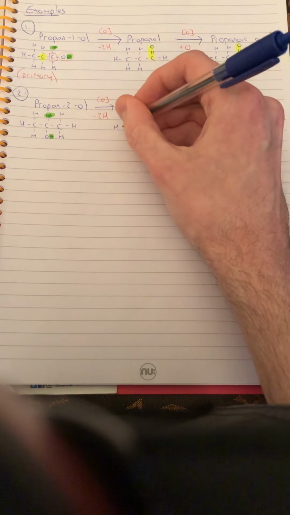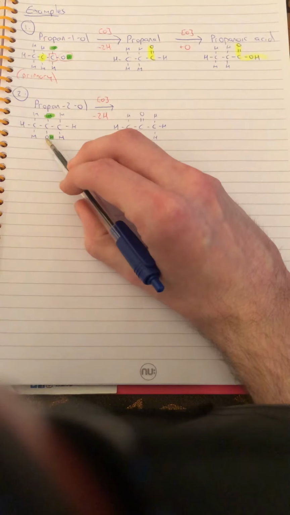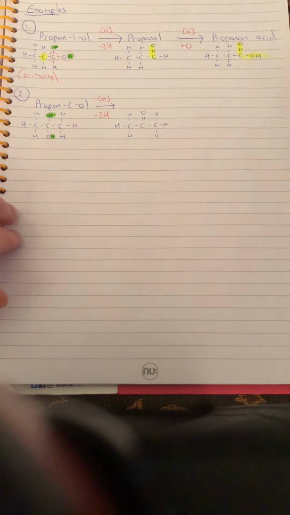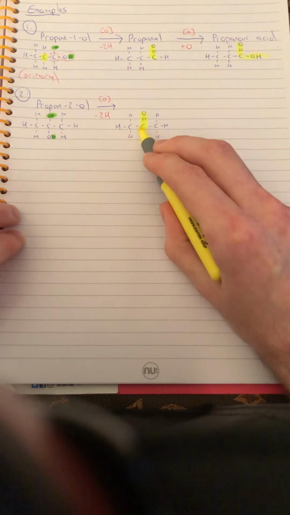Okay, so what we're left with is that. Now the O needs to have a double bond in order for the valencies to match up. Yeah, valency of carbon's 4, and that there is your carbonyl group.